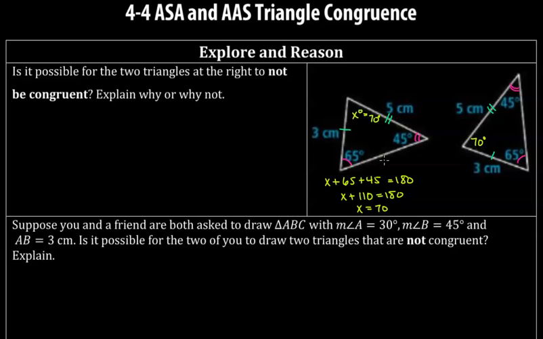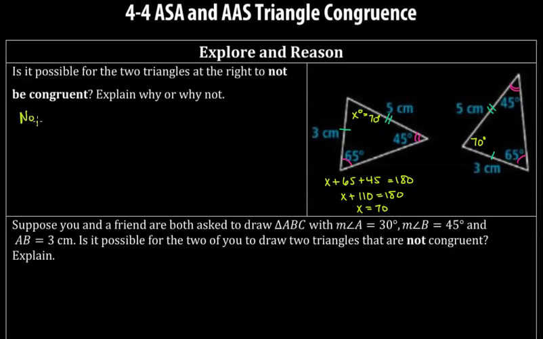So we'd maybe think, well, can this side length be different than this side length? But if we stop and think for a second now, we have a side here that's congruent to a side here, and a side here congruent to this side. And now we have the angle that's between them congruent. The 70-degree angle is included between these 2 sides, and this 70-degree angle is included between these 2 sides. And that means that these triangles now have to be congruent by SAS. So can they be not congruent?